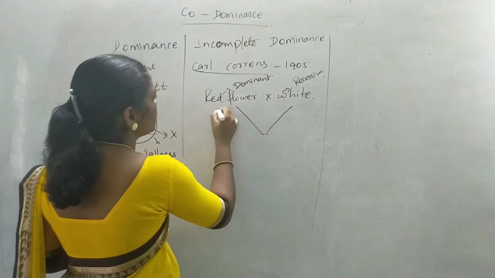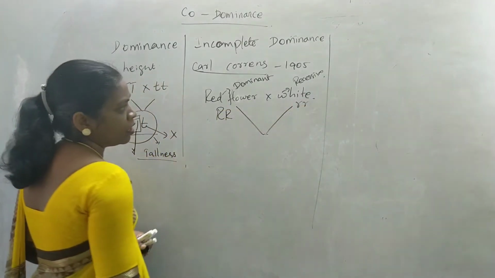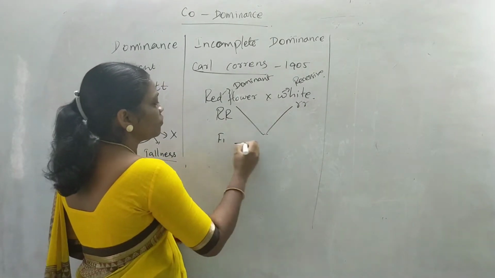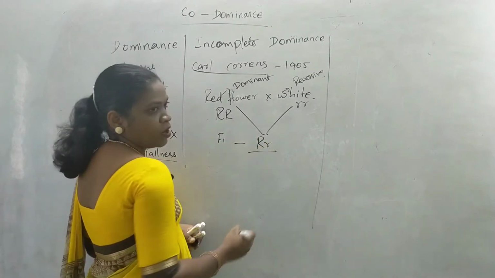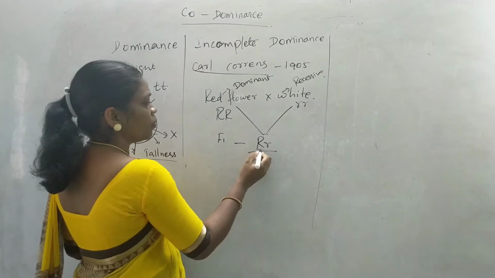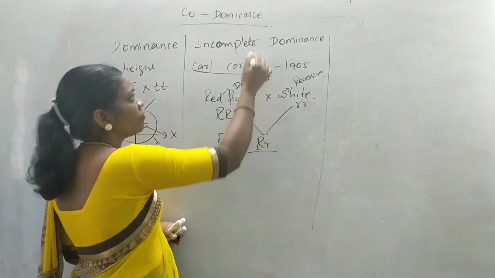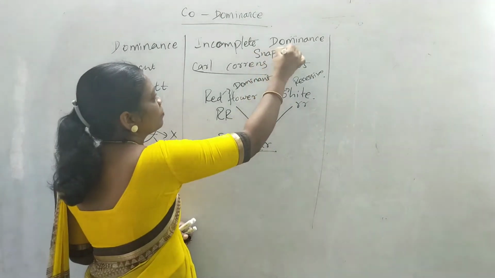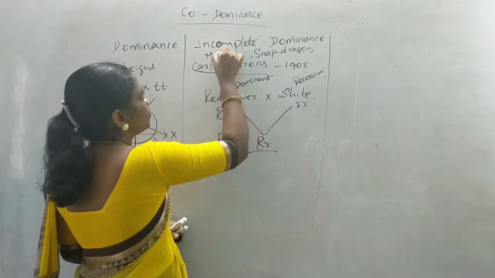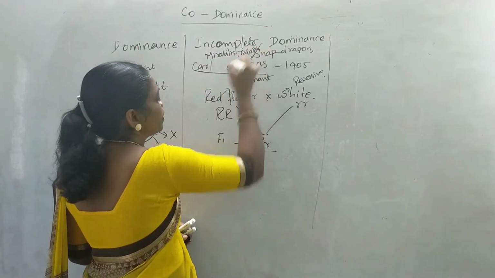These were expressed as capital R and small r to show the dominant and recessive states. When they crossed them, in the F1 generation they got capital R, small r. According to Mendel, the dominant gene should suppress the expression of the recessive gene, but this doesn't happen in the case of snapdragon and Mirabilis jalapa. In those plants, Carl Correns conducted this incomplete dominance experiment.